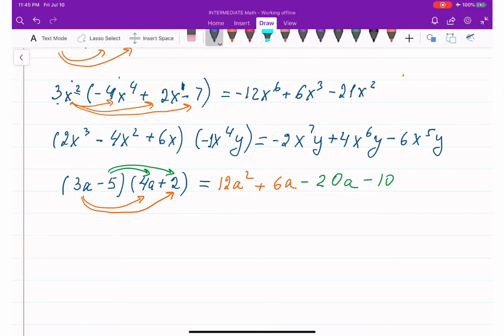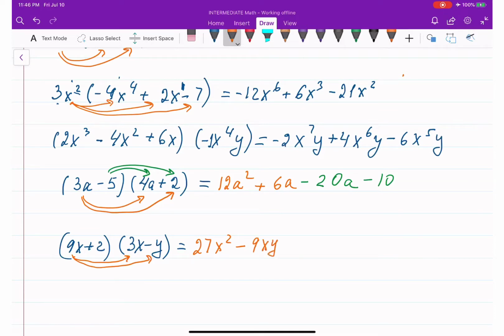9x plus 2 and 3x minus y. Okay. So 9x times 3x is equal, 9 times 3 is 27, x times x is x squared. 9x times negative y, it's going to be negative 9xy, right?